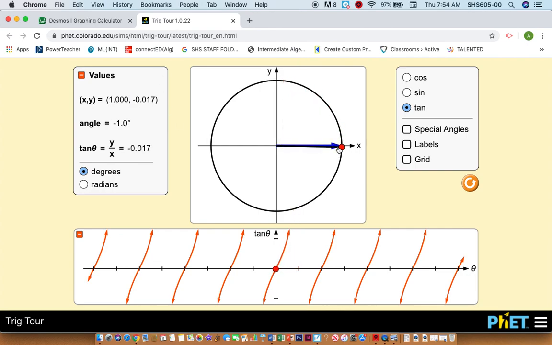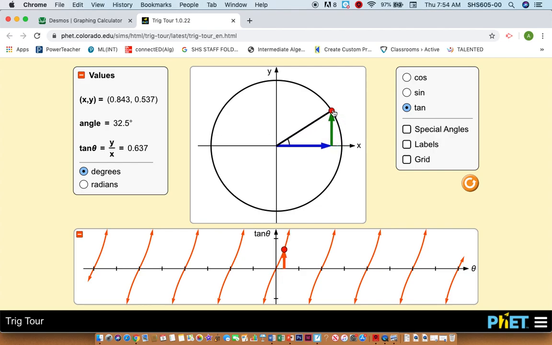And so it's a ratio of y over x. So when you start off at 0, well, your y should be 0. I'm just a little bit off. And your x should be 1. So it would be 0 over 1, which is 0. So you start at 0. And then if you think about it, it's y over x. So as you're starting off, your y is smaller than your x, so you should get a value smaller than 1.